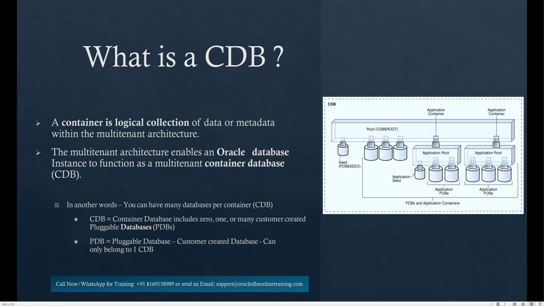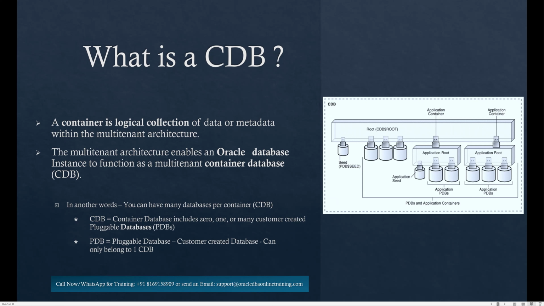When you are talking about container databases, there are two important terminologies that come into the picture. One is called CDB, the other is called PDB. CDB stands for container database, PDB stands for pluggable database. So within one single container database, you can have multiple pluggable databases. If you look at this diagram, we have a central container database, and within that, we have multiple pluggable databases. Consider an example where an organization has multiple applications and wants to divide the workload into different pluggable databases.